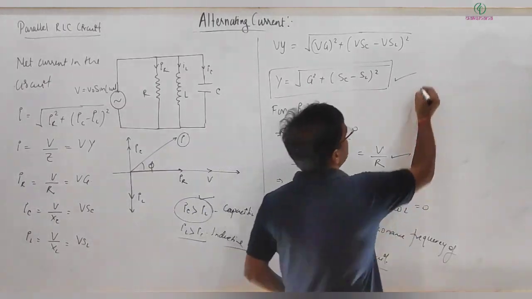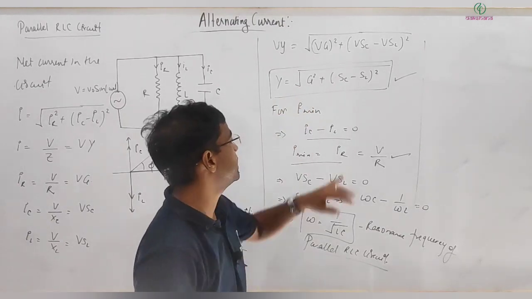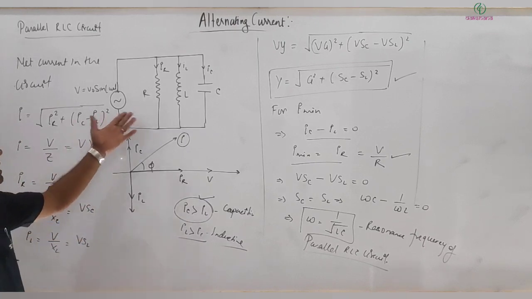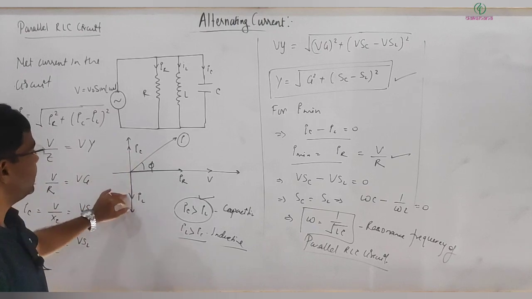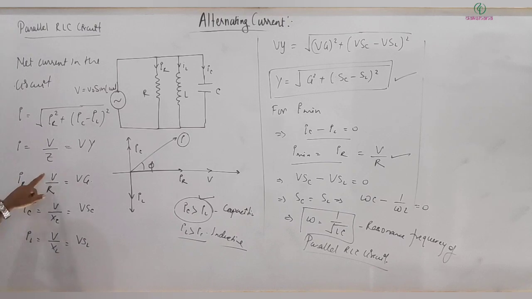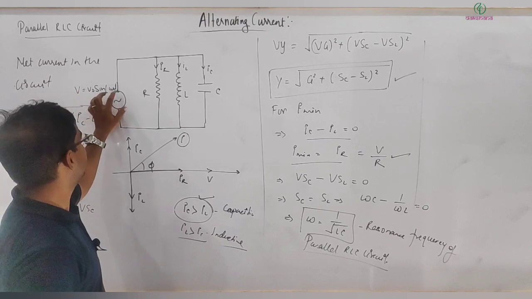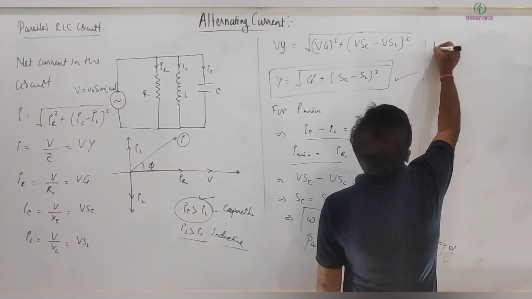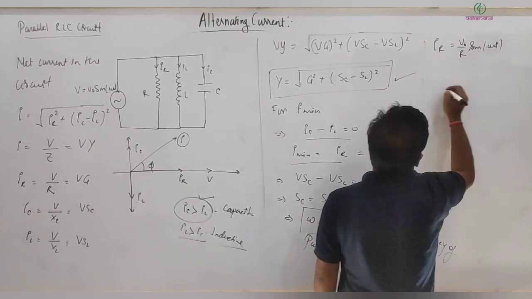So we got the admittance of the circuit, and you can write in terms of impedance also, and voltage is the same across all. Current you can write, IR will be equal to what? IR is given by V by R. So IR is equal to V naught by R into sine of omega t.